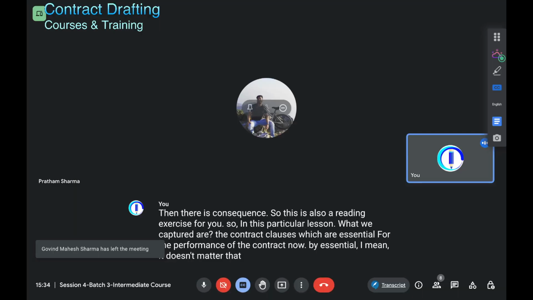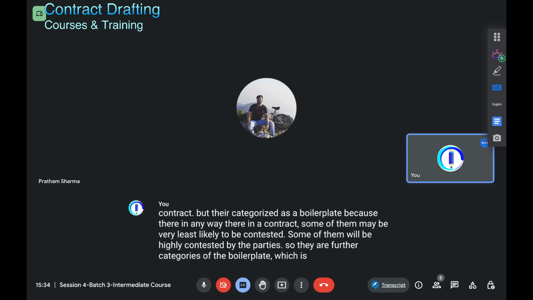They are equally important. Otherwise, they would not find a place in a contract. But they are categorized as boilerplate because they are in any case there in a contract. Some of them may be very unlikely to be contested. Some of them will be highly contested by the parties. So there are further categories of boilerplate, an important category and a non-important category.